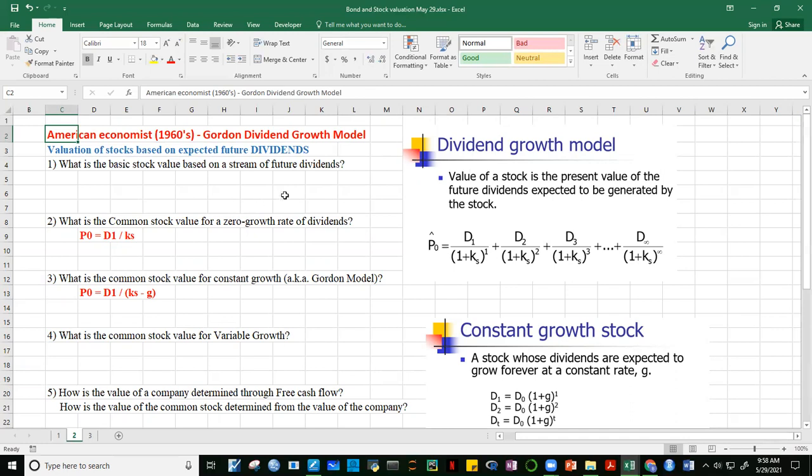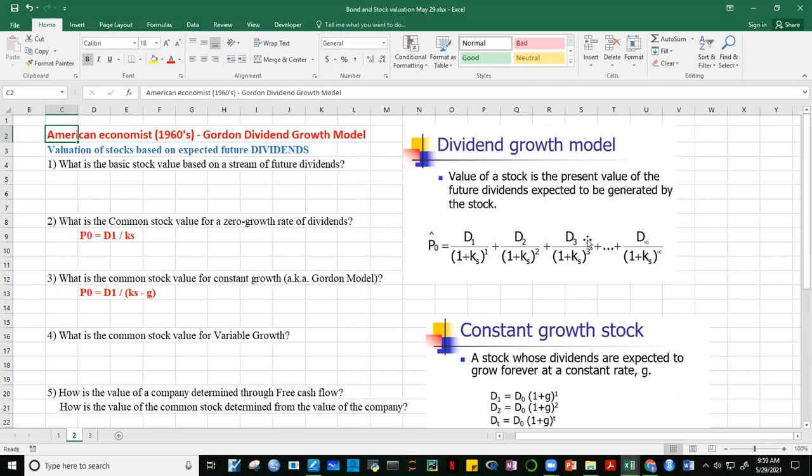That's how we value stocks. That's how we compute for the price. Sorry, I stand corrected, the price of the stock. So unlike the bonds where you have a well-defined stream of cash flows, here the dividends can be different over time.